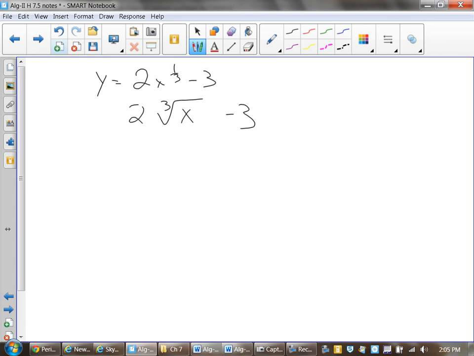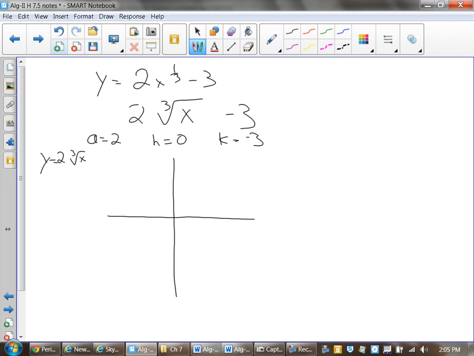So now when you graph a cube root function, you do the same steps. Your a value is 2. Here my h value is 0. And my k value is negative 3. When I start to sketch a cube root function, I use my y equals 2 cube root of x, and I pick some perfect cubes.